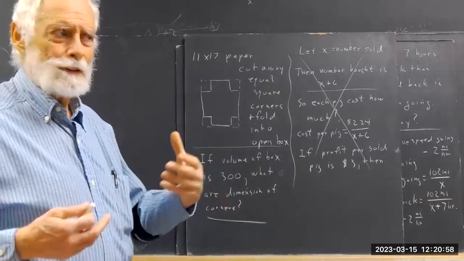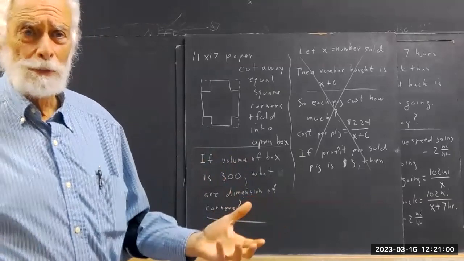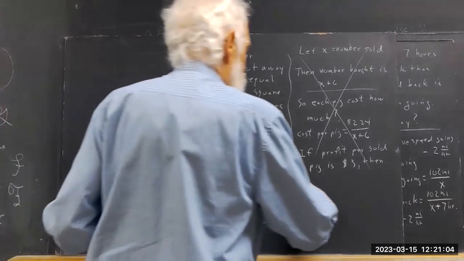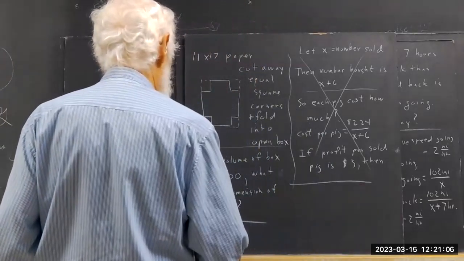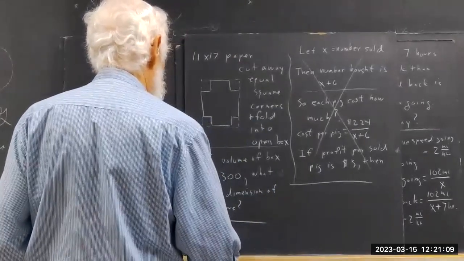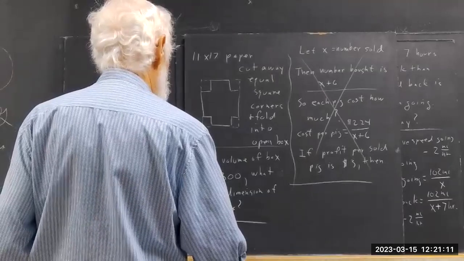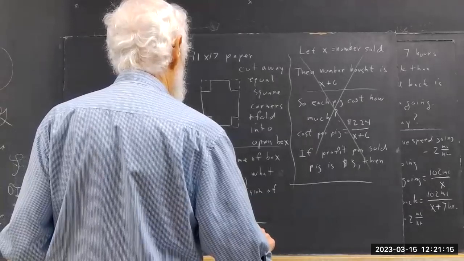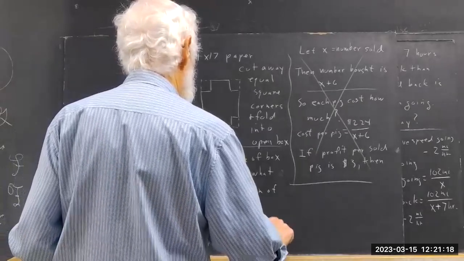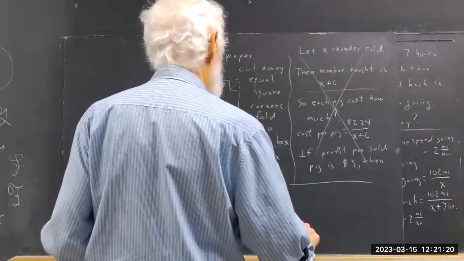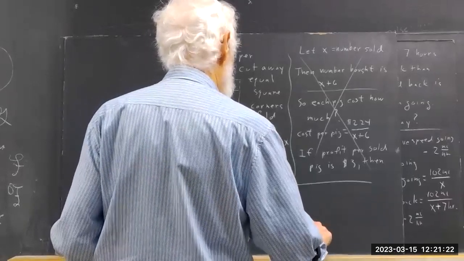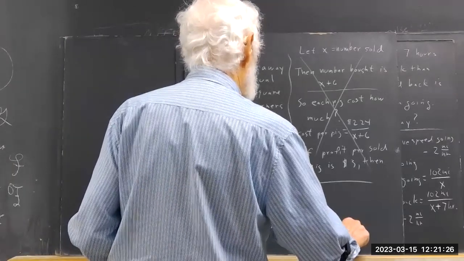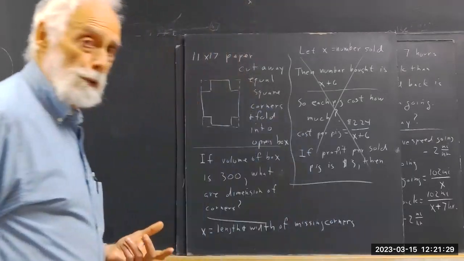Then we started saying something about X, but never said what X was. Now it's obvious what X is, but let's write it down. Let X be the length and width of the missing corners.